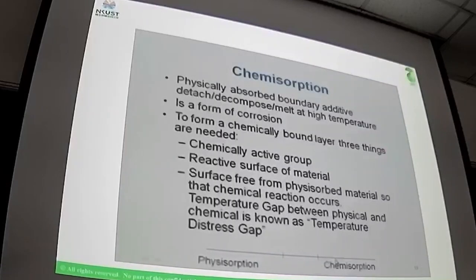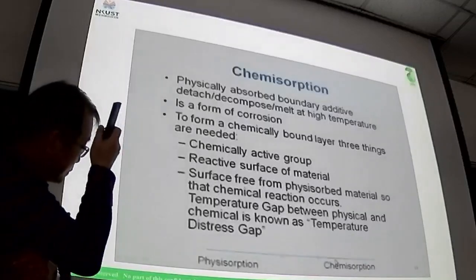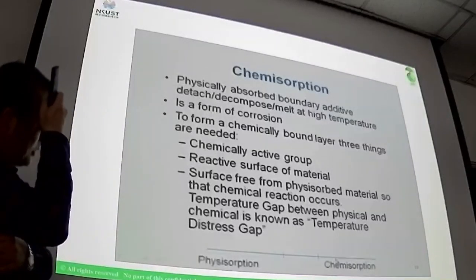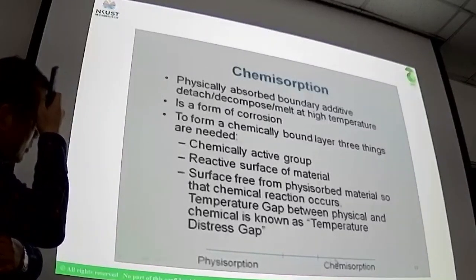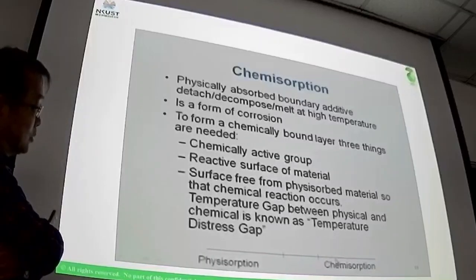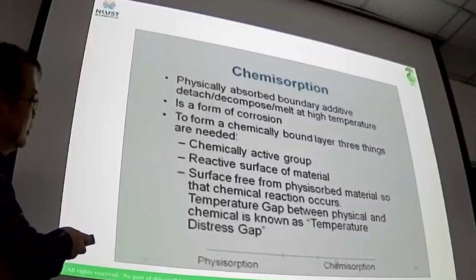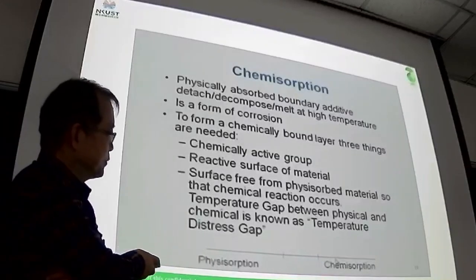First, you need to have a chemically active group, and also you have a reactive surface material. The surface must be free from physically absorbed material, so that the chemical reaction can occur. So the temperature gap between the physical and chemical is known as the temperature distress gap. Okay?